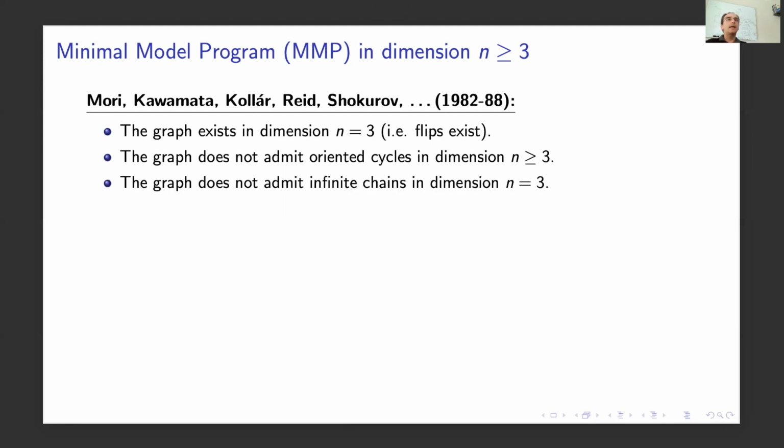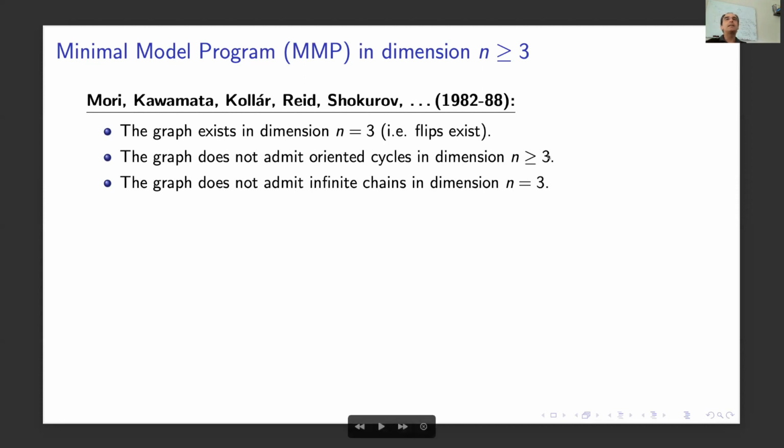Also, in dimension 3, we know that there are no infinite chains starting from a given vertex. So if we start from a given vertex, we can never go back to our original starting point, and we can never walk forever. So at some point, we need to reach a target.